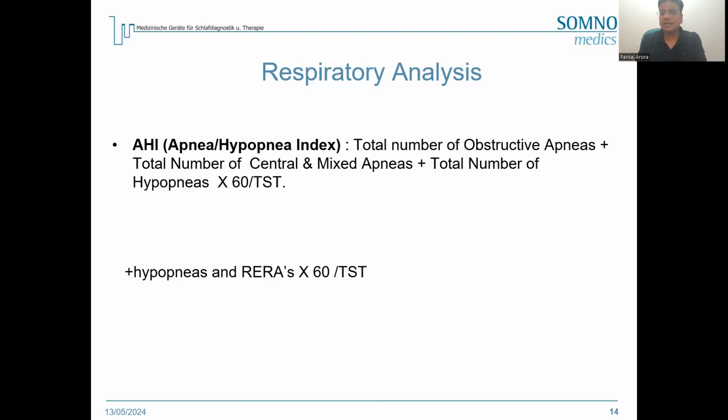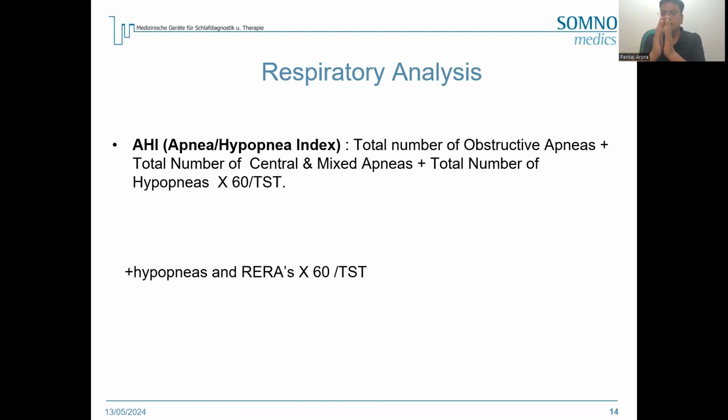So what is apnea? What is obstructive sleep apnea? In simple terms, when the windpipe, the trachea, is completely blocked, there is no air going to the lungs, and that is called obstructive sleep apnea. When there is a partial opening of the airway, it is called hypopnea, because partial air is going through.